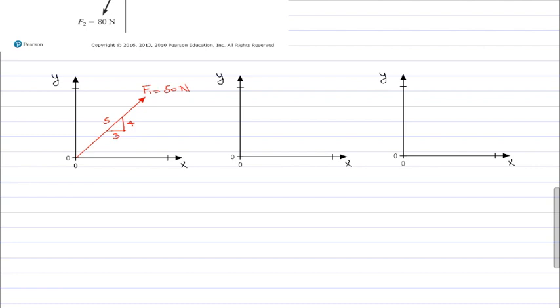So it's essentially giving you the values of the sine and the cosine of the angle, which is useful to compute the components. We'll get there in a bit. Let's move on to the second vector, which goes downwards, in fact. Let me draw that downwards.